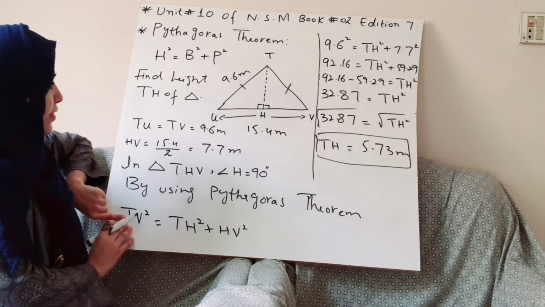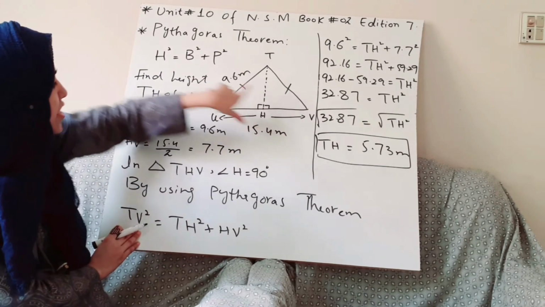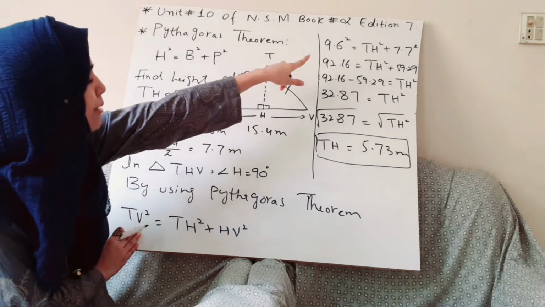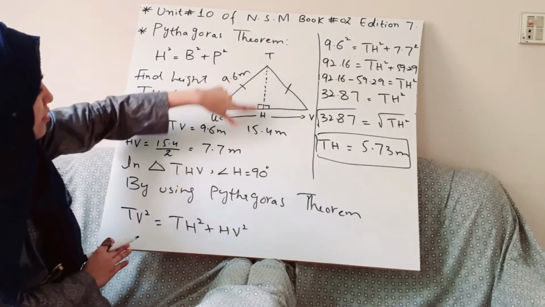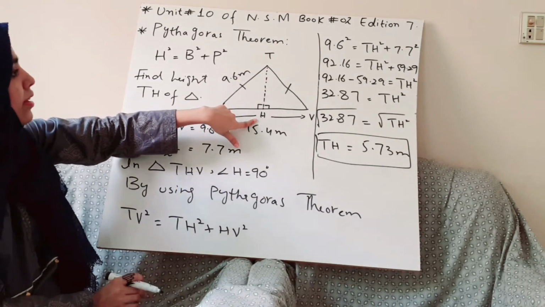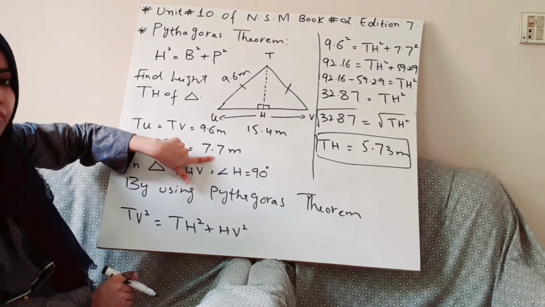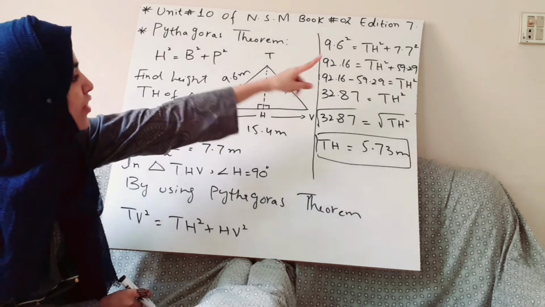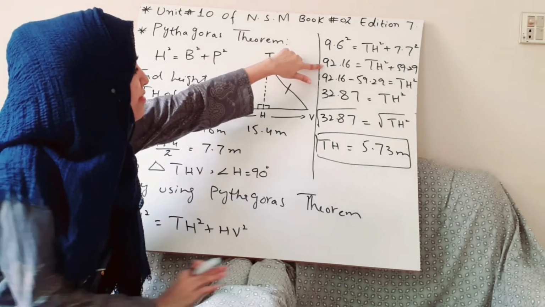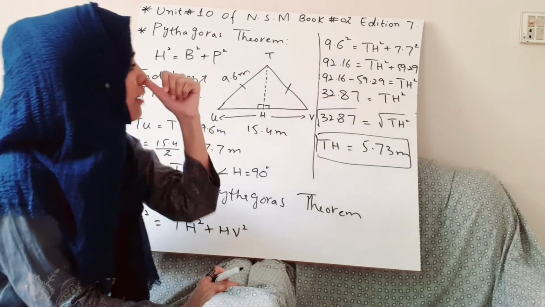TV is given, which is 9.6, and TH we have to find, and HV we have found, which is 7.7 meter. After taking squares, it is 92.16, and then 59.29.